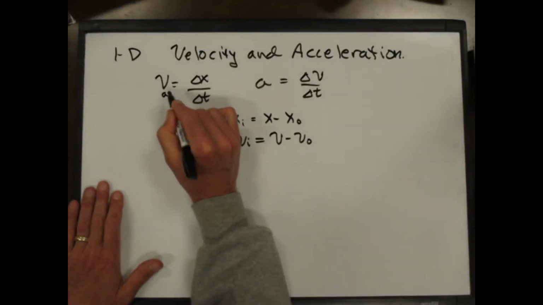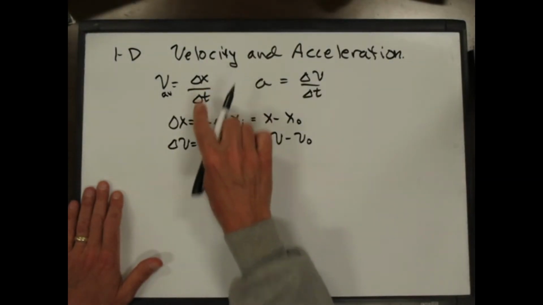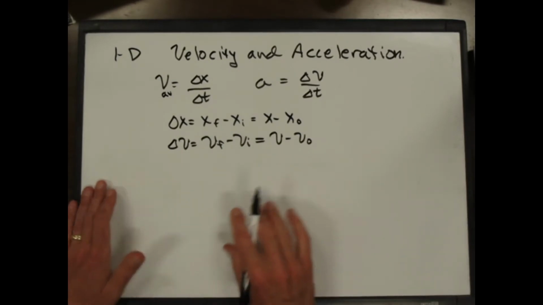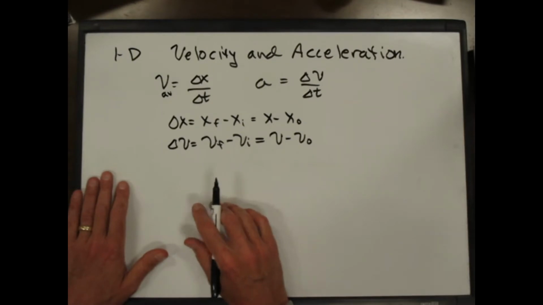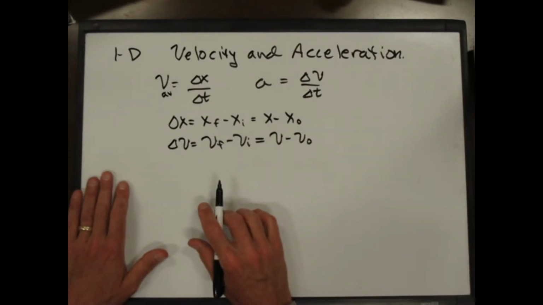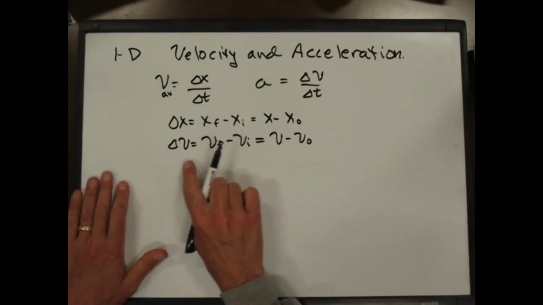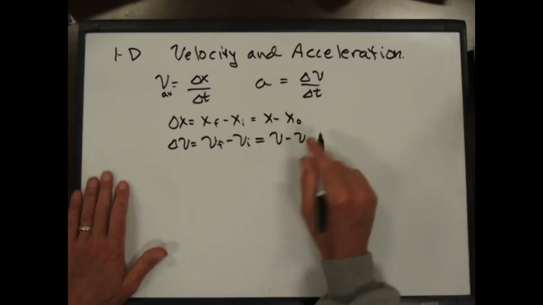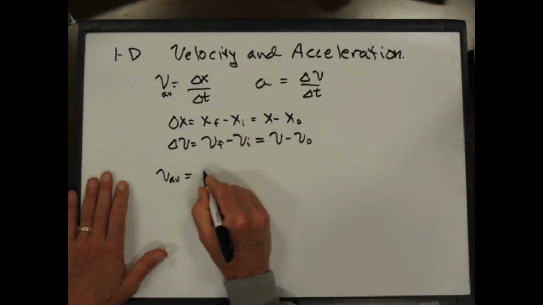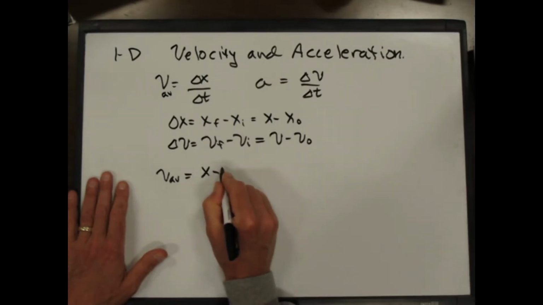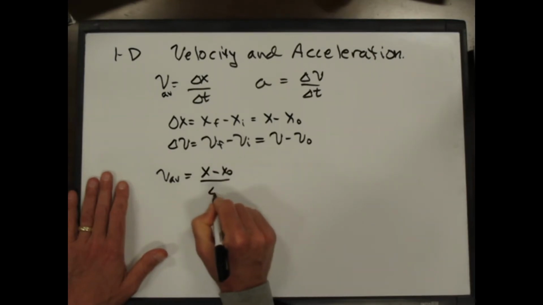Again, this is really the average velocity we're talking about when we talk about the change in position over the change in time. And so if we're being careful, we would say it that way. So these are the two changes. We could write this as v average is equal to x minus x naught over delta t.